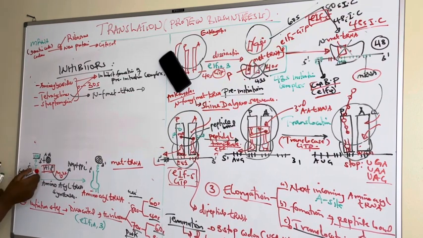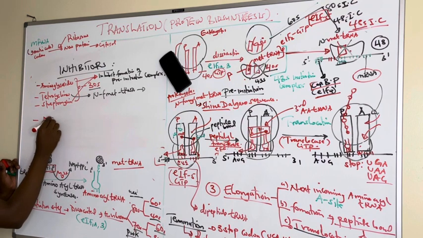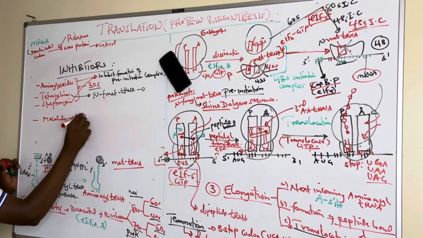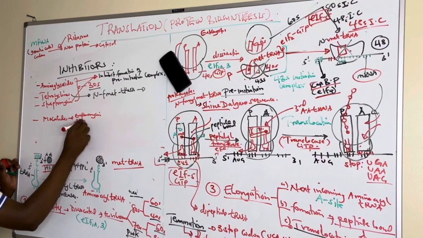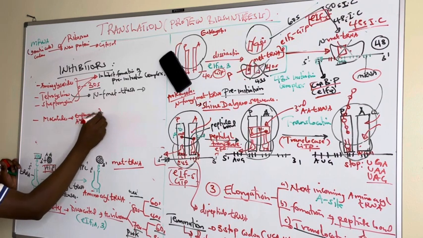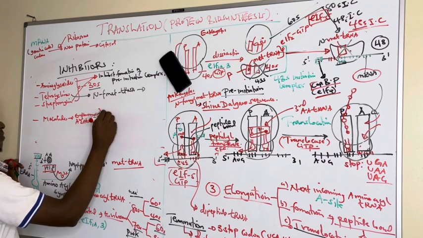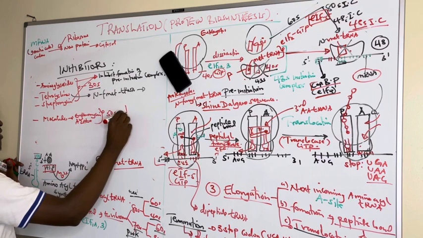Another category, we are going to see drugs like macrolides, and a good example is erythromycin. And besides erythromycin, we have azithromycin. These ones bind to the 50S, which is the largest subunit, and prevent translocation.